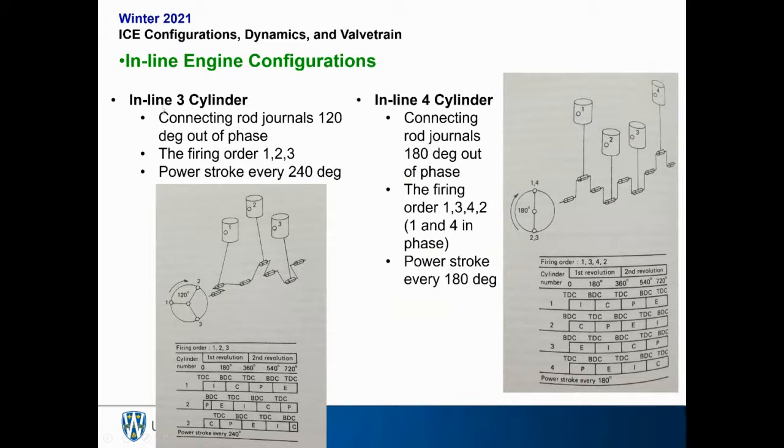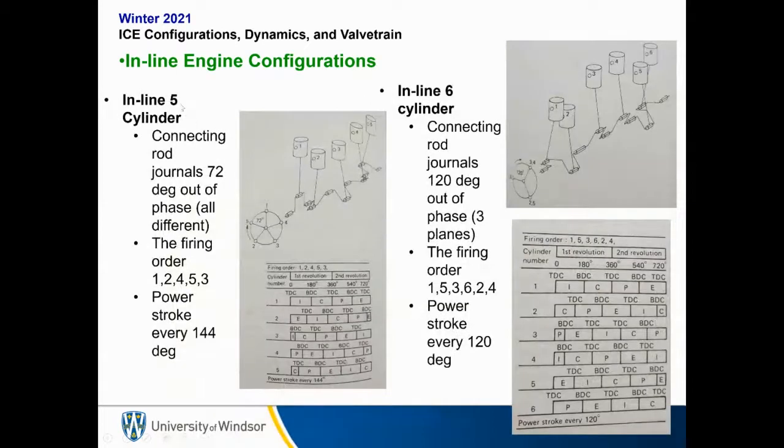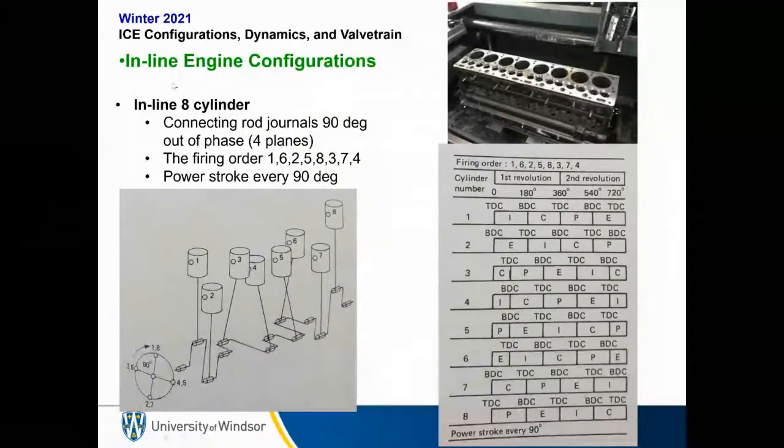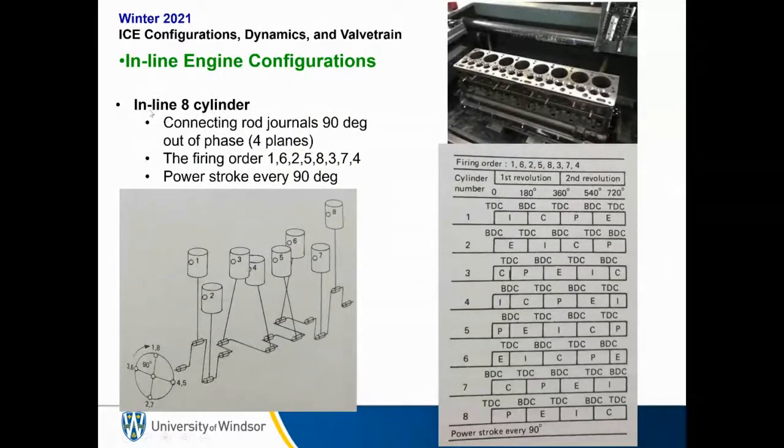On the next slide, we have an inline 3-cylinder and an inline 4-cylinder. And then finally, inline 5-cylinder and inline 6-cylinder. And finally, the very uncommon but still sometimes used inline 8-cylinder.